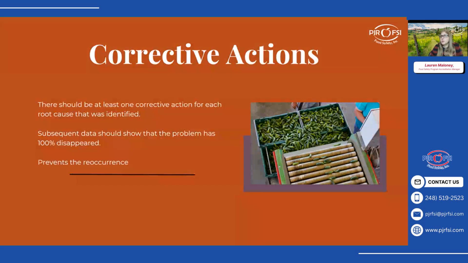And you should at least have one corrective action for each root cause that was identified. And in future, it should show that those problems don't reoccur and it prevents the reoccurrence, which we would see in the next audit or in the next internal audit and so on.